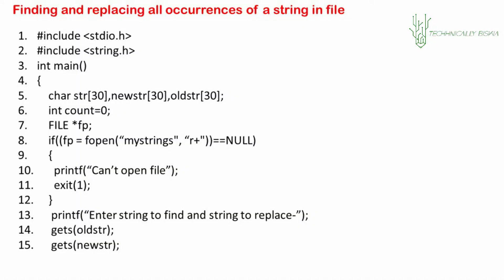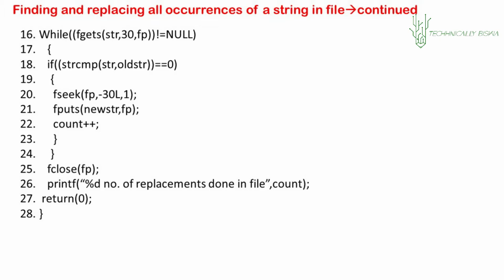Have a look. Got the first part? Let's move to the second part. while (fgets(str, 30, fp) != NULL). Now it started reading the entire file. While loop will start reading the entire file, and every time it reads a string, that string will come into the variable str, and then I compare it with the old string.